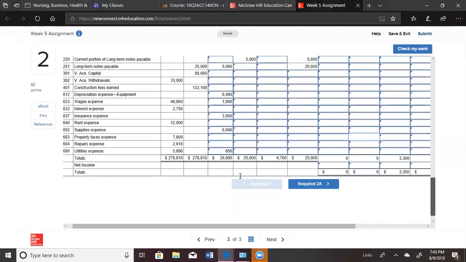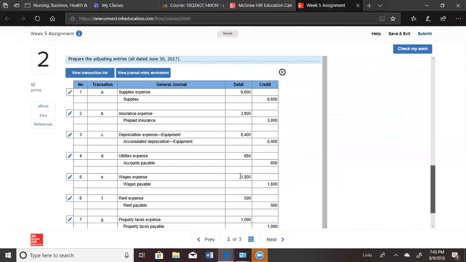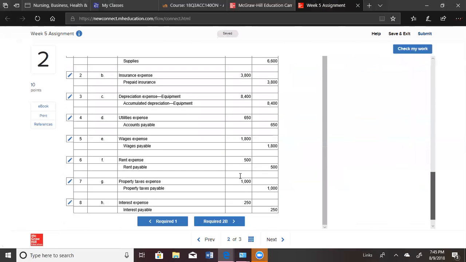I messed something up. Well, you just put the $650 as a debit for both of them. That's all. You did accounts payable. Okay. But you have to write that down at the bottom after each journal entry. That way you'll know whether or not you put the right number in. Yeah.